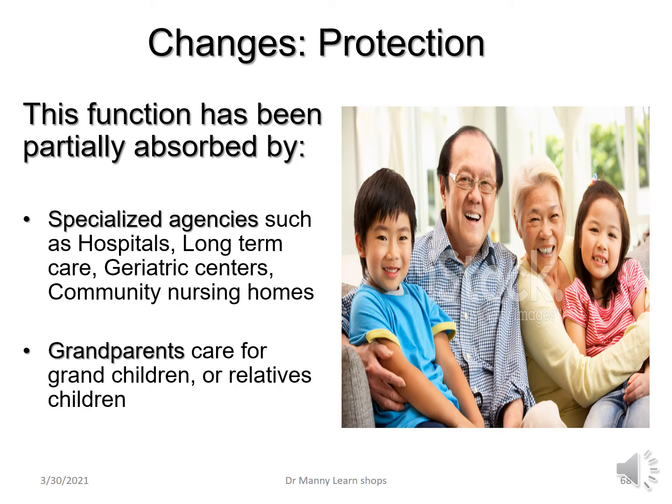You've got changes related to protection. This function has been partially absorbed by specialised agencies such as hospitals, long-term care centres, geriatric centres, community nursing homes. Grandparents tend to more, in Malaysia, I've observed as well, caring for grandchildren or relatives of children. Because people have to work.